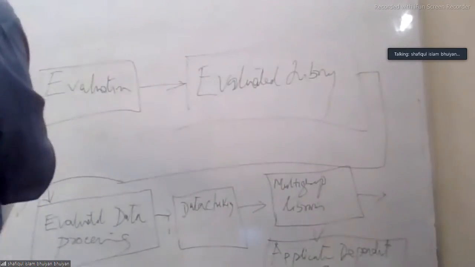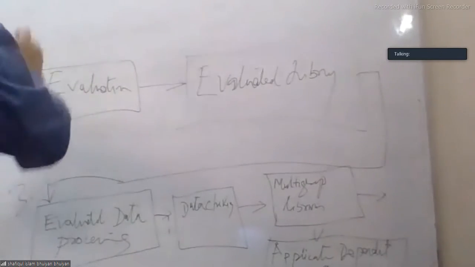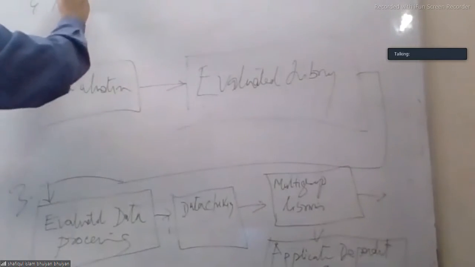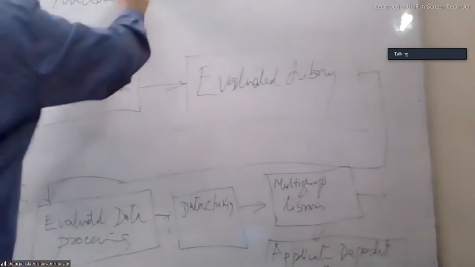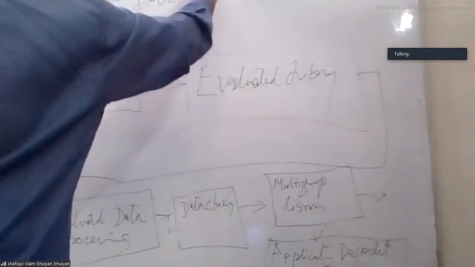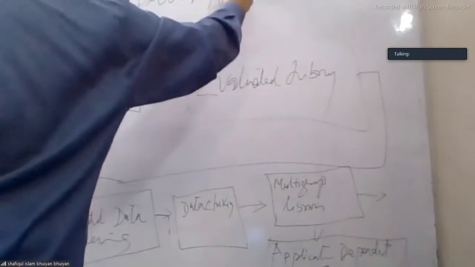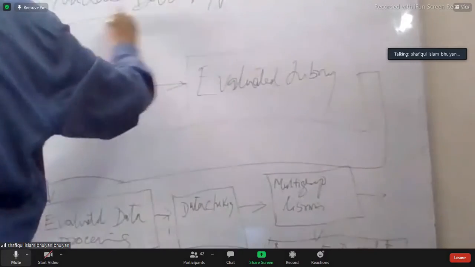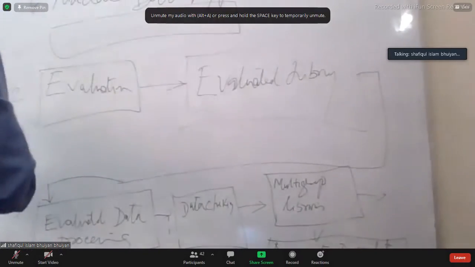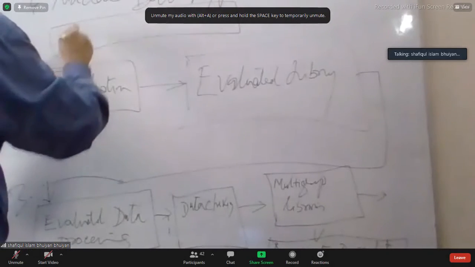Step number 4 is nuclear data application. Application, how we do it, actually this will be done by the neutron transport calculation.